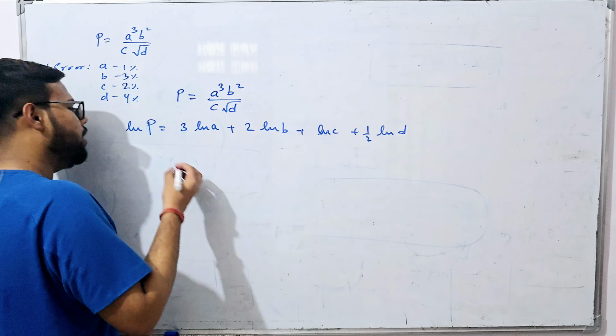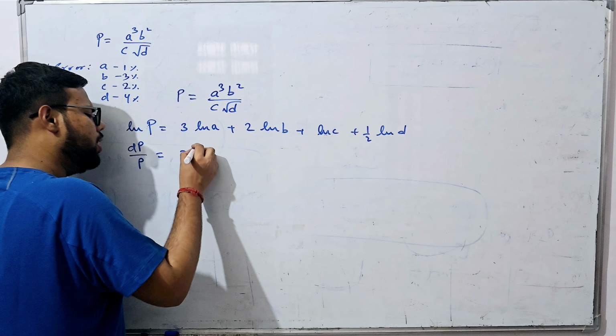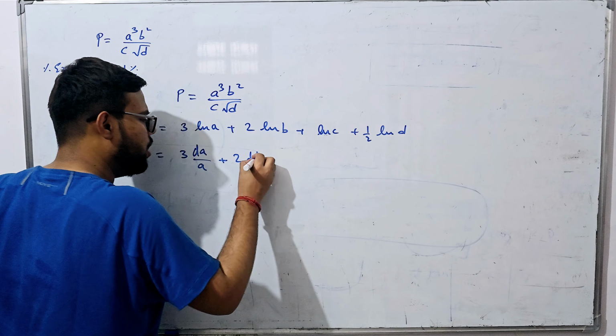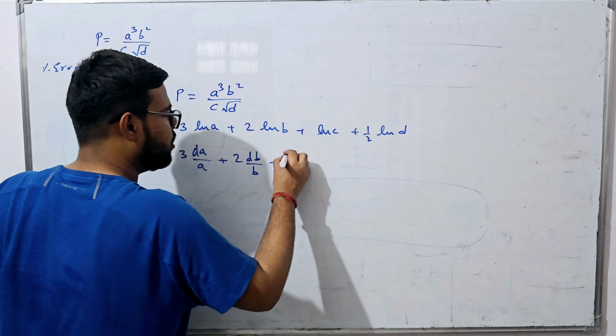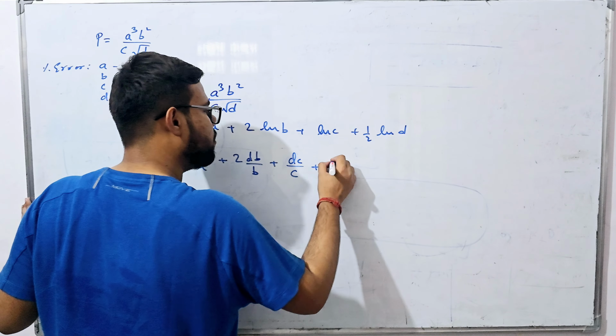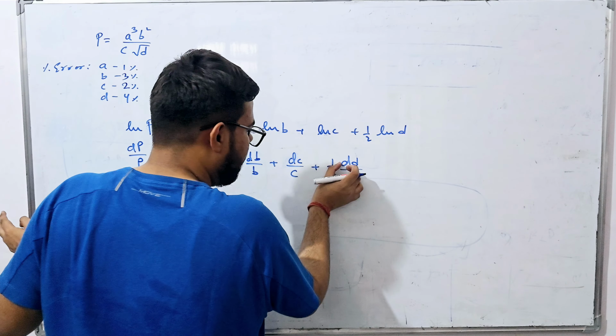Now we'll differentiate it. So we'll get dP by P is equal to 3 dA by A plus 2 dB by B plus dC by C plus 1 by 2 dD by D, right? It is a derivative d.